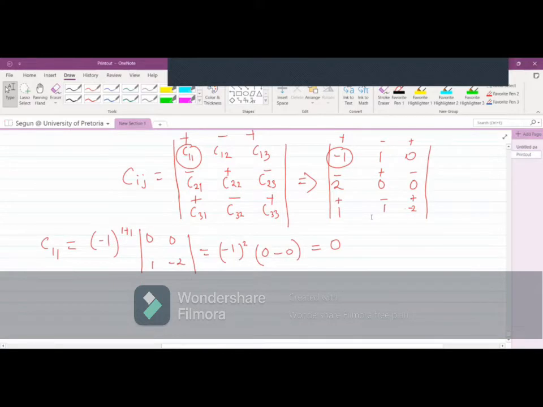Okay, so let's do the second one. For the second one, we have C12. C12 means minus 1 raised to power 1 plus 2.